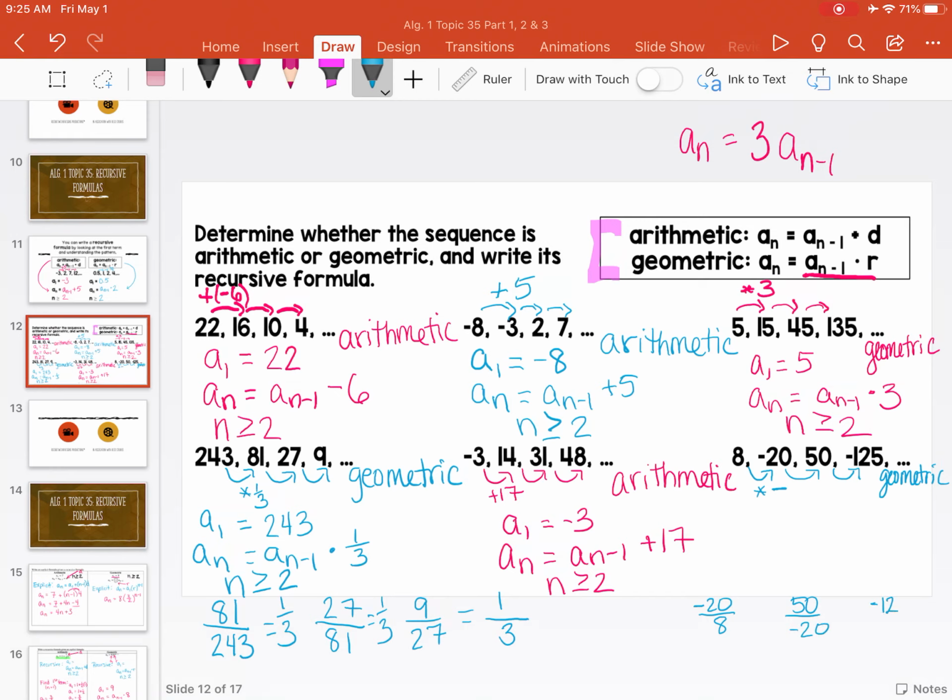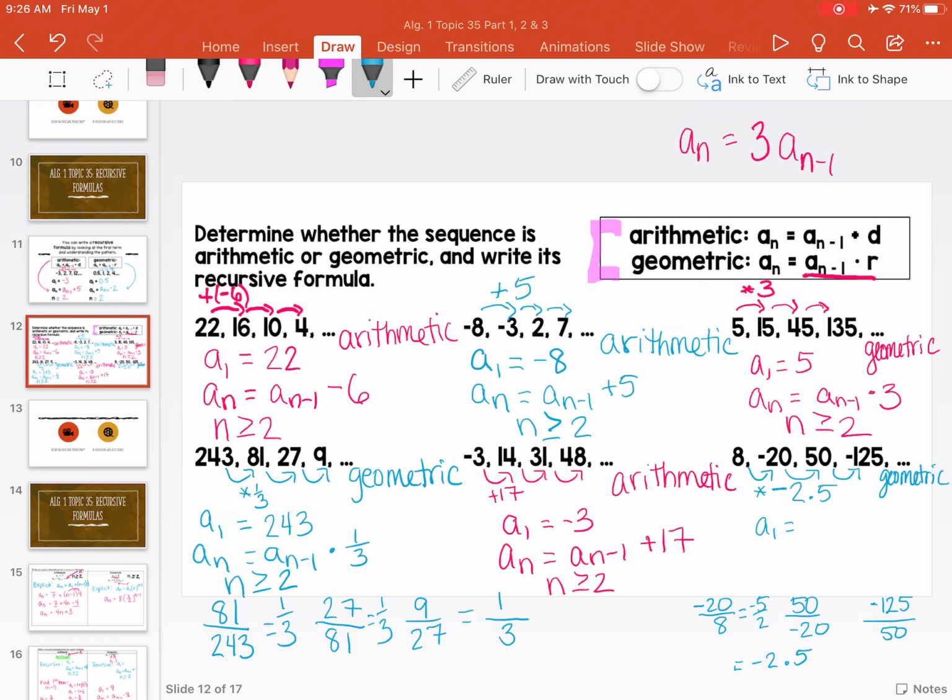Or take negative 125 and divide it by 50. This will get me my common ratio of negative 5 halves, also known as negative 2.5. So I'm multiplying by negative 2.5 every single time in order to get from one term to the next.